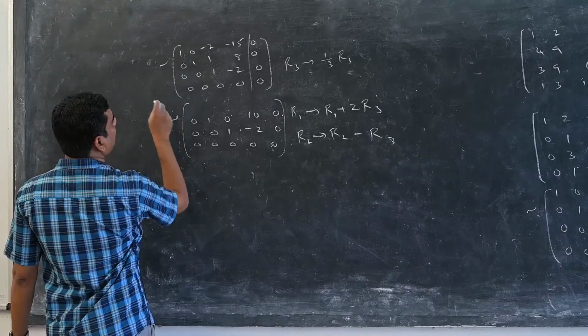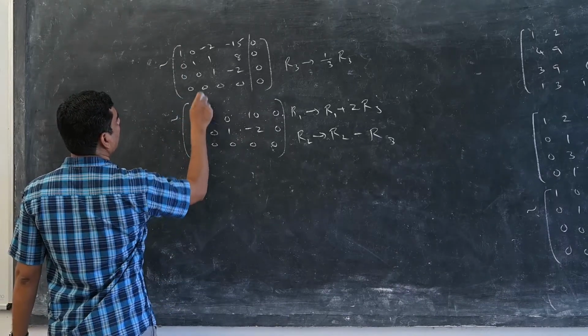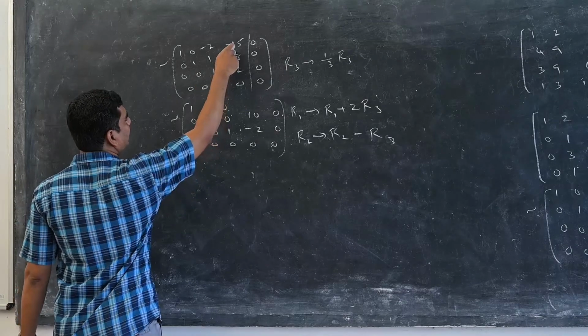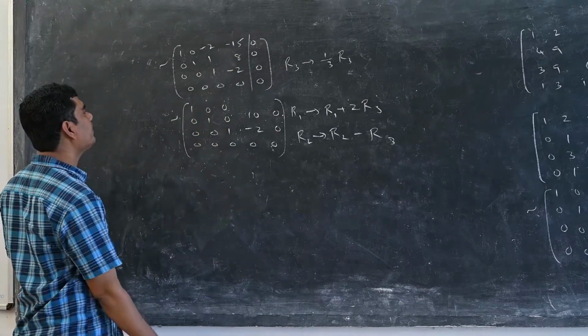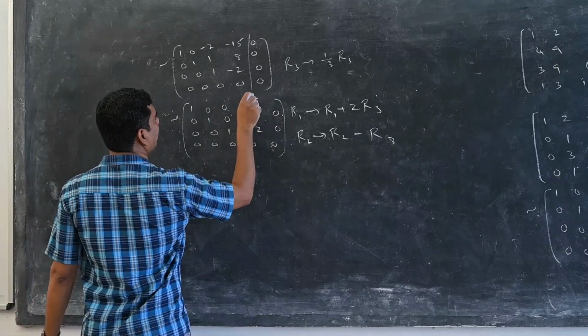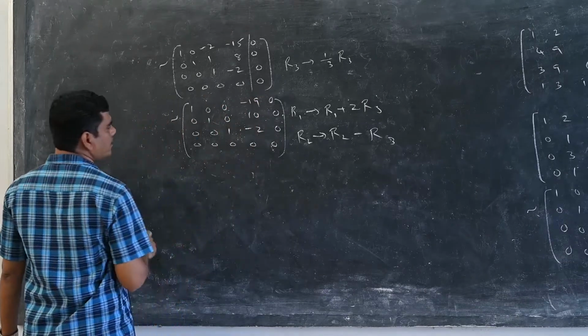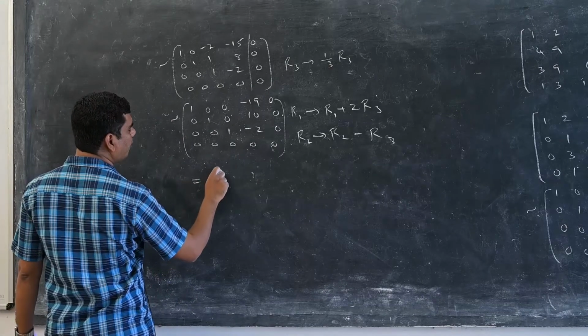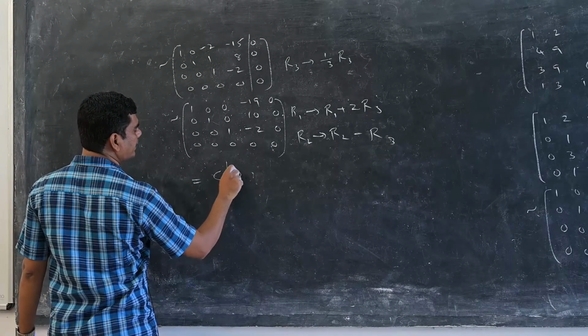R1 goes into R1 plus 2 R3: 1, 0, minus 2 plus 2 into 1, minus 15 plus 2 into minus 2, it is minus 19, 0. So this is the canonical form of augmented matrix A0.